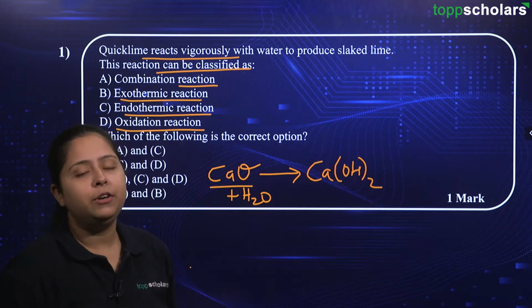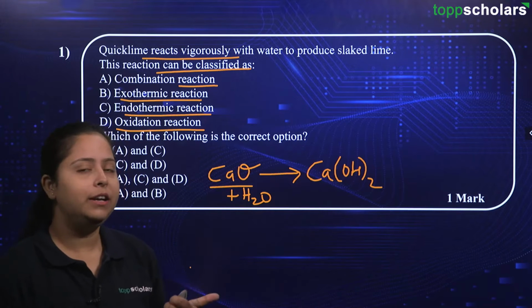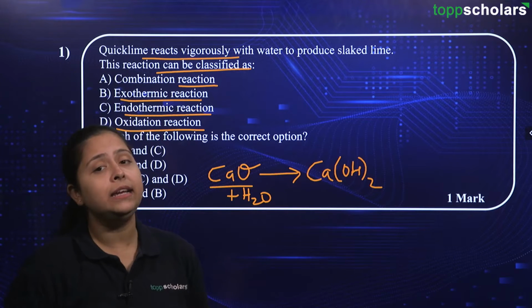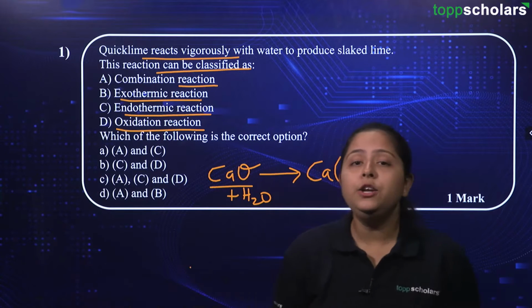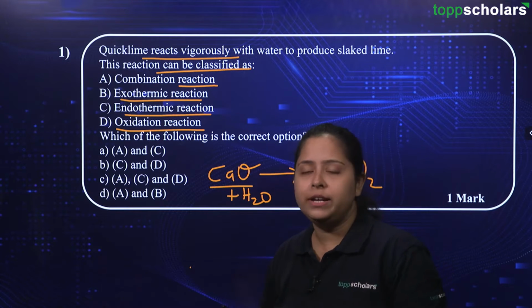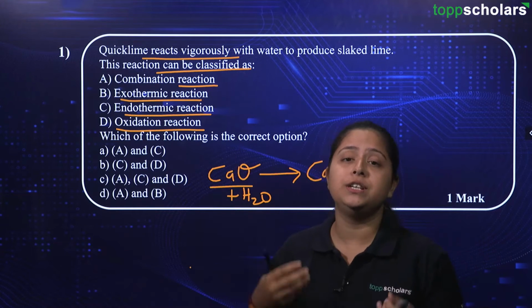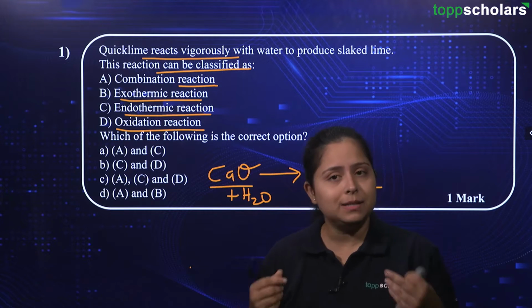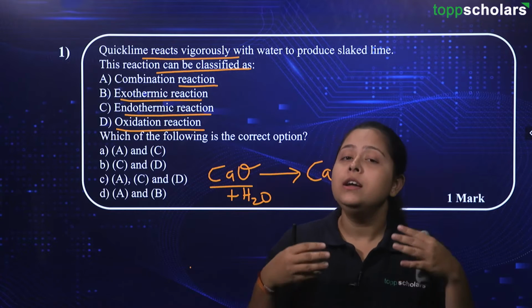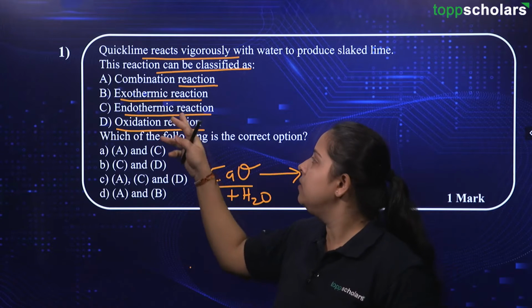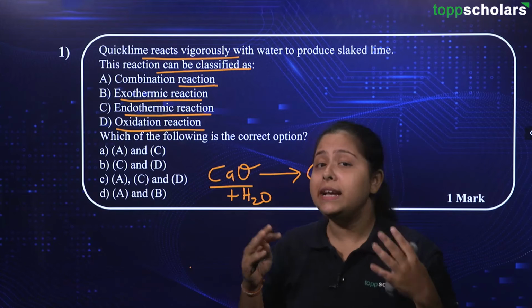Now, in this chapter, when you start, first of all, you get the chemical reactions. Then you have balancing a chemical equation. And then you have different types of chemical equations and chemical reactions, in which there is combination reaction, displacement reaction, double displacement reaction. We also have decomposition reaction and endothermic reactions, exothermic reactions.